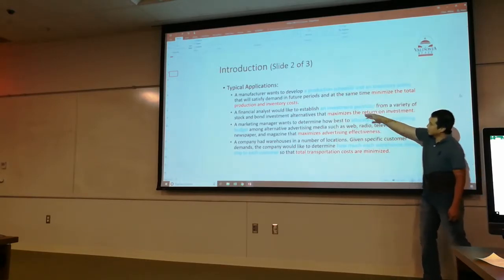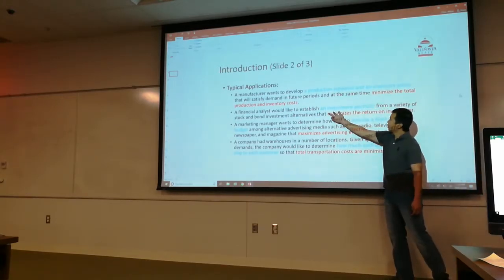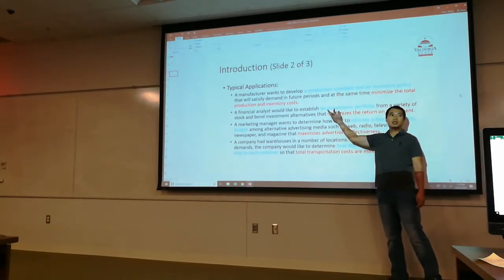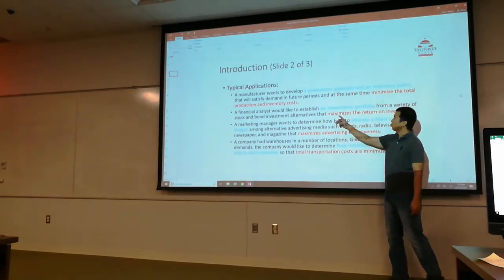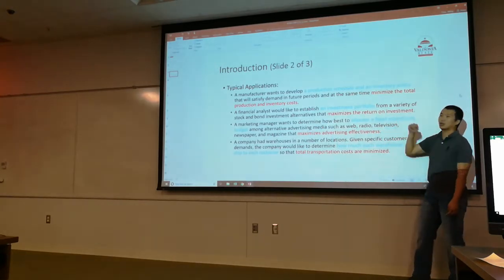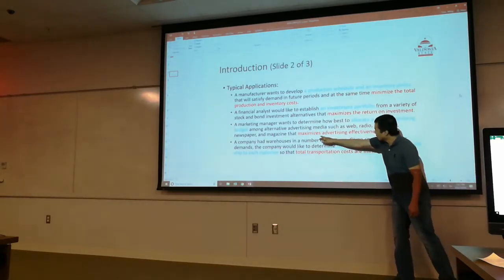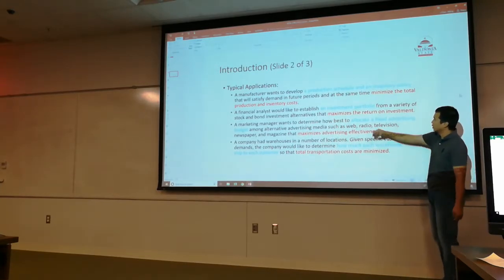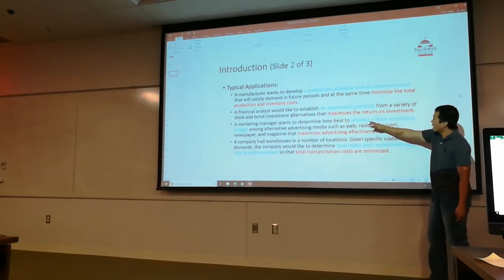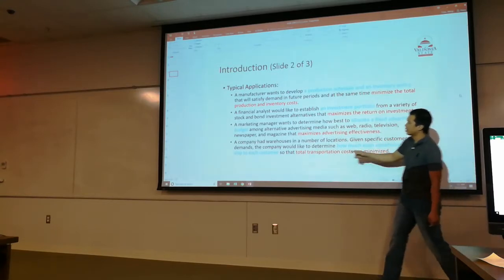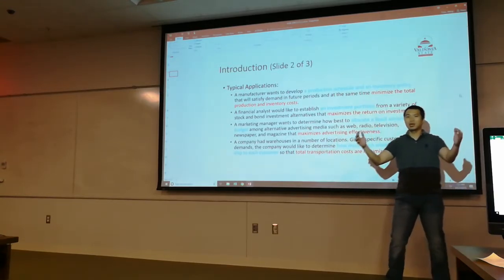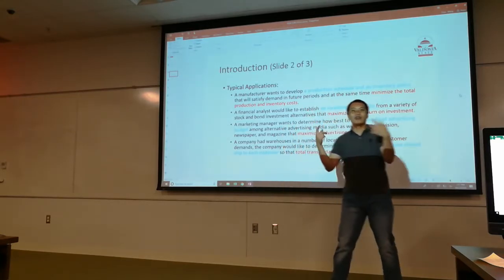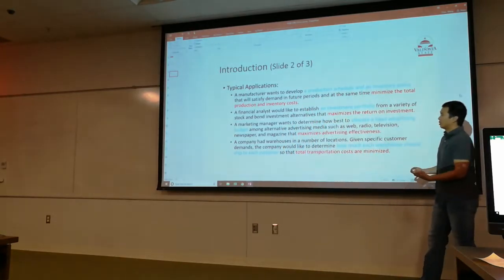If you look at the second one, an investment portfolio, that's the decision they want to have. And they want to maximize the return. And the third one, they want to maximize the effectiveness. And what they want is how to allocate a fixed advertising budget. So I have this amount of money, how do I allocate it into different fields so that the effectiveness will be maximized?